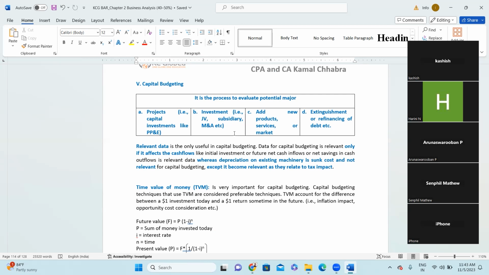Data for capital budgeting is relevant only if it affects the cash flow, like the initial investment or future net cash inflow or net saving in the cash outflow.